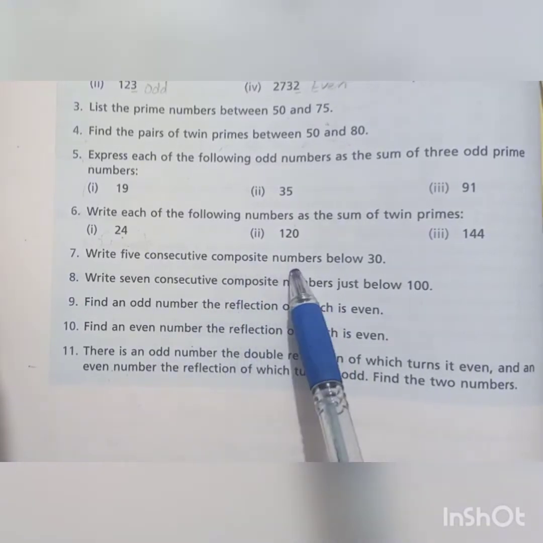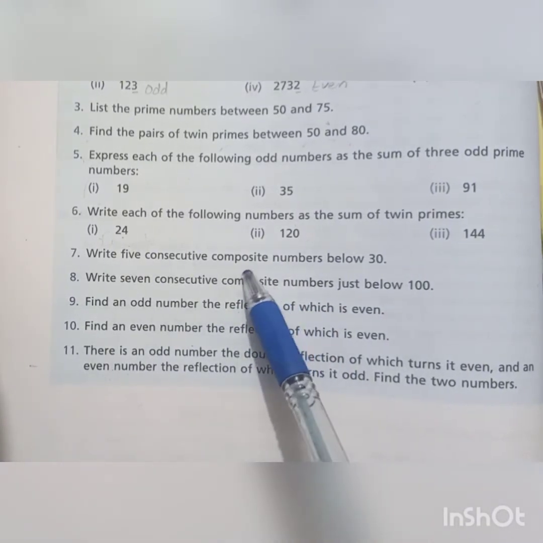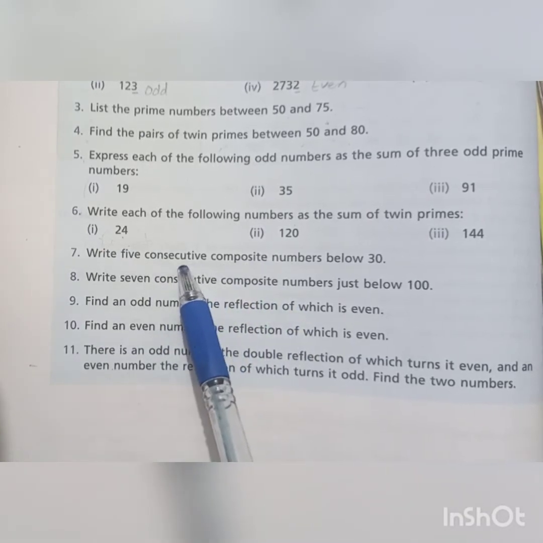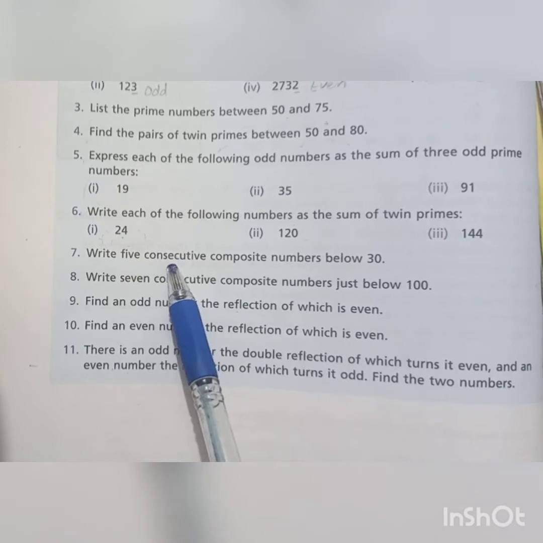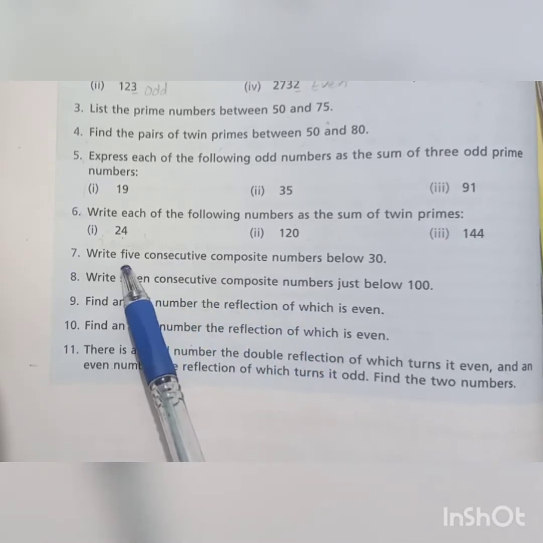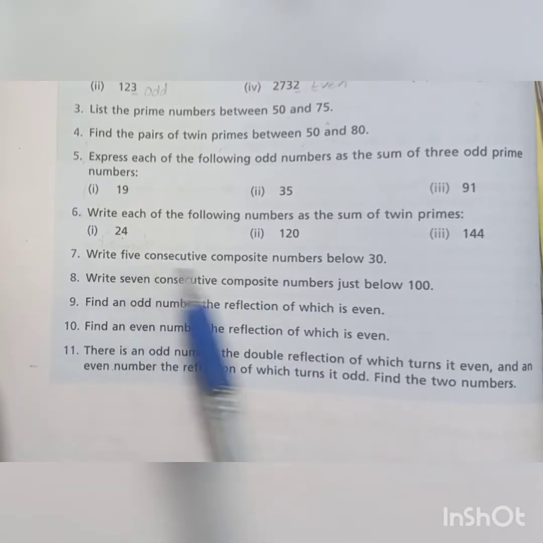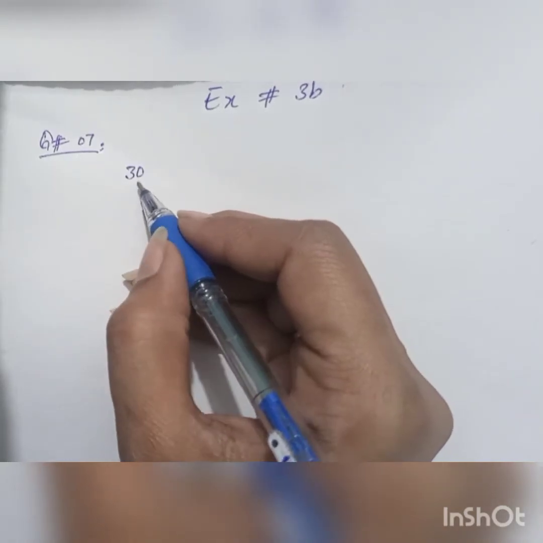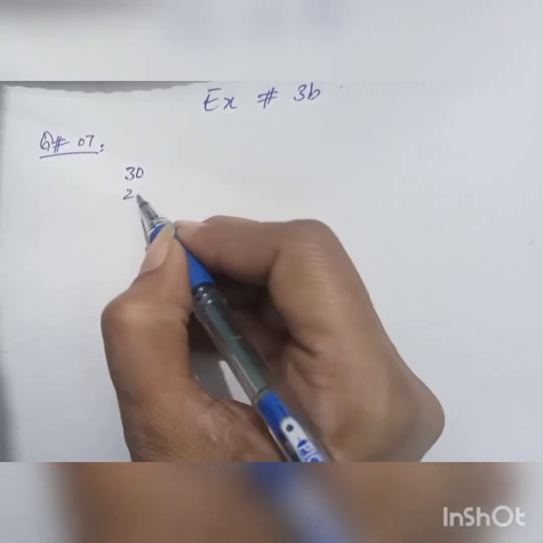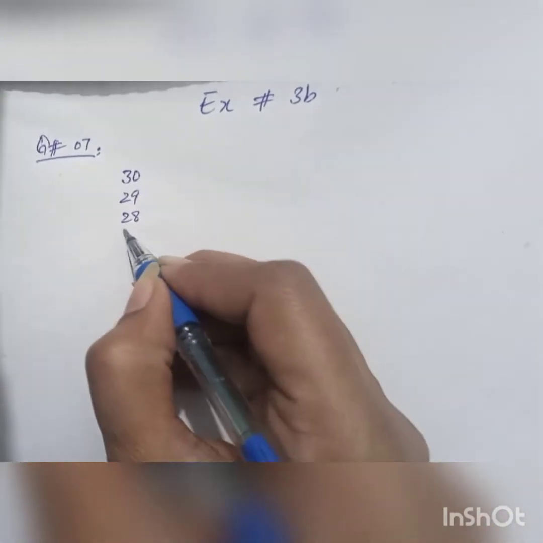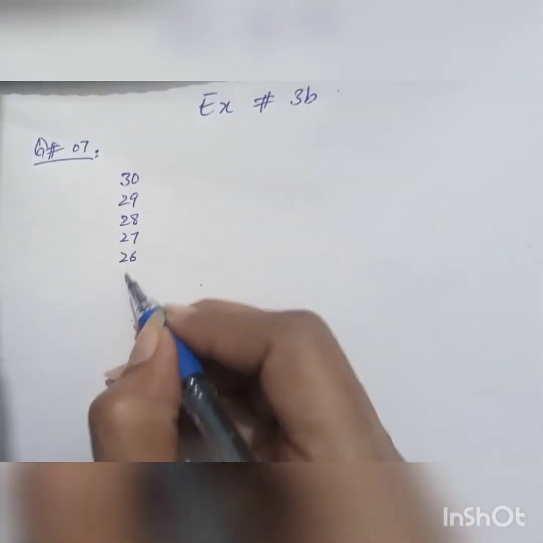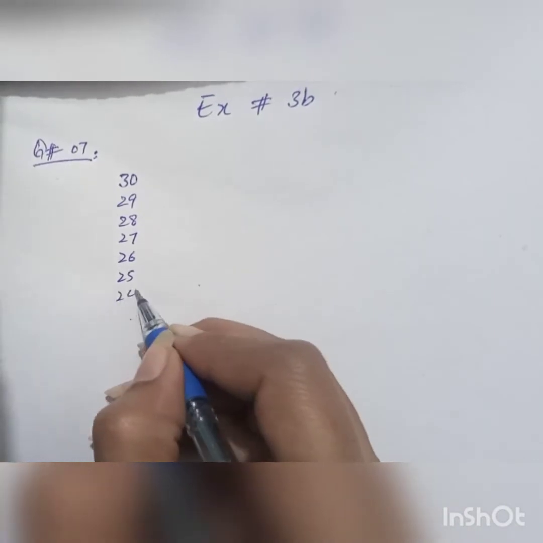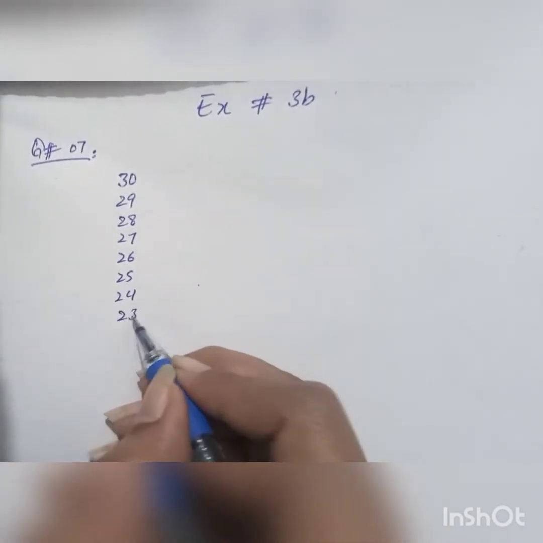As we know that the composite numbers are the numbers whose factors are more than 2, and consecutive means continuous. So we will write 5 continuous composite numbers below than 30. Here students, the numbers below than 30 are 29, 28, 27, 26, 25, 24, 23 and so on.